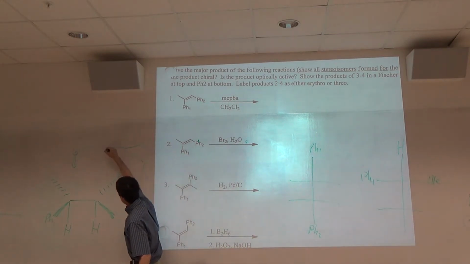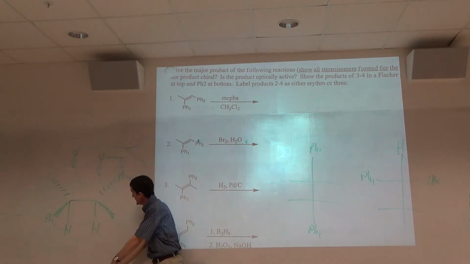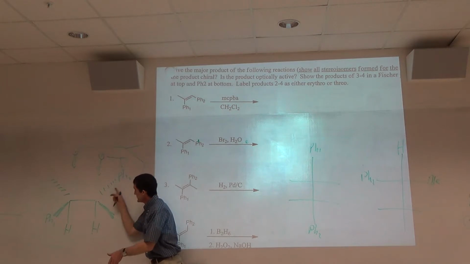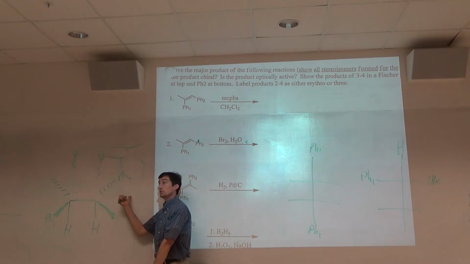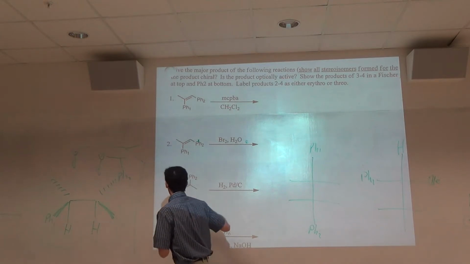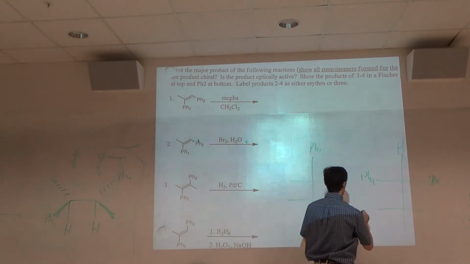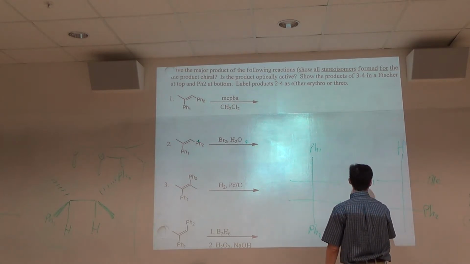Now I just need to bend my knees and look through here. With this H going away, phenyl 2 is on my, it's dashed, so it's going to the back. If I'm standing right here and something's going to the back, phenyl 2 is on the right. Thus the methyl is over here.